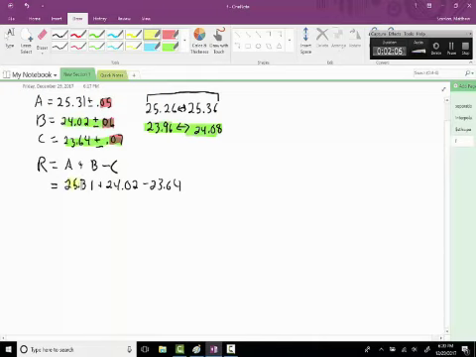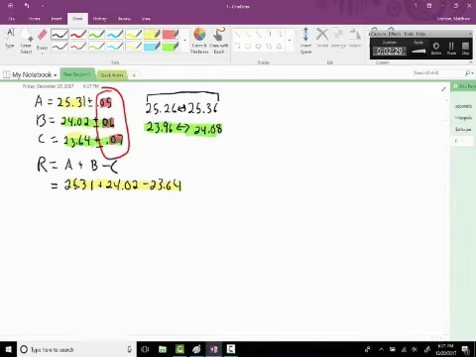I did not include the errors in this calculation. They're up here. I leave them up here. I don't put them in the calculation. We'll deal with them later. I do the calculation with my raw values, my actual values, the 25.31, the 24.02, and the 23.64.